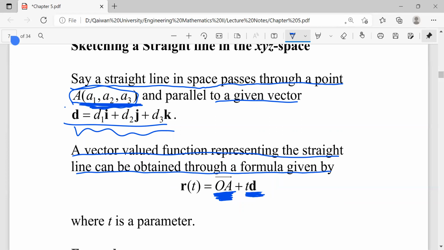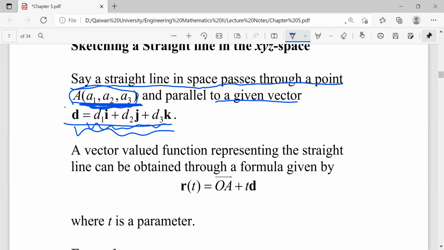D is the given vector. We just multiply it by t, and then find the sum of these two vectors. We get R of t, the vector valued function representing the straight line equation.